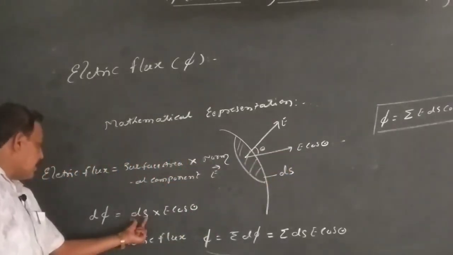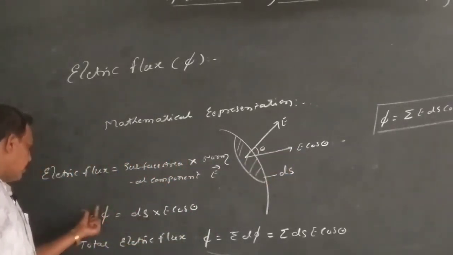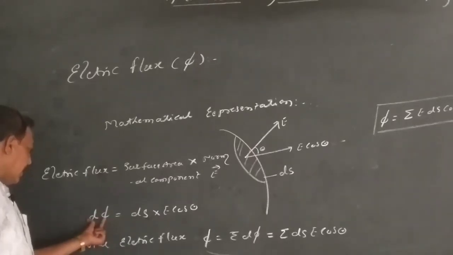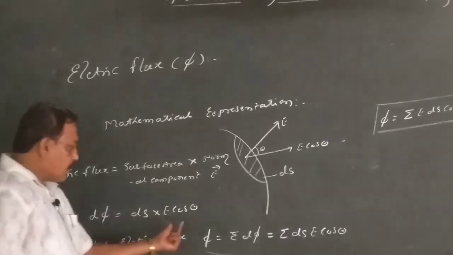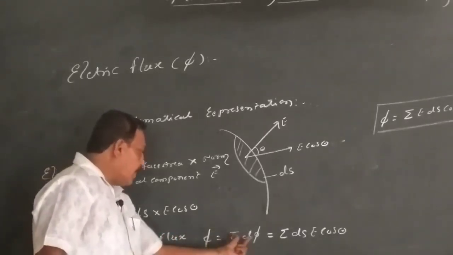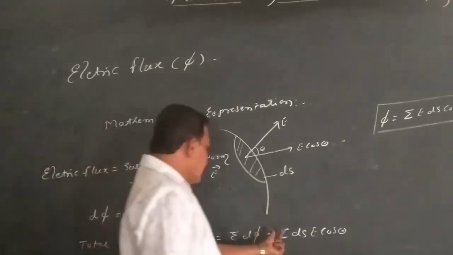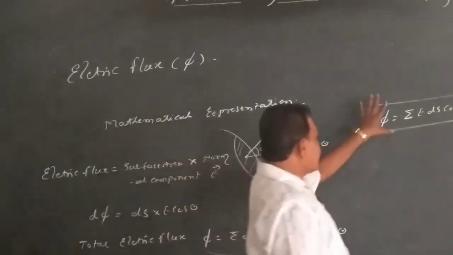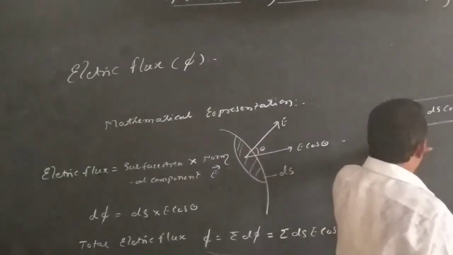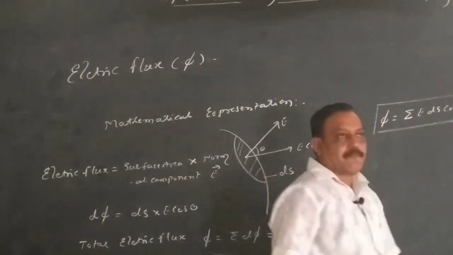For the small surface area ds, there is a small number of electric lines of forces through it, hence d phi. Then I need the total electric flux. Total electric flux phi equals the sum of d phi, which equals the sum of ds E cos theta. To spell it easily, this is a scalar quantity, hence the sum of E ds cos theta.